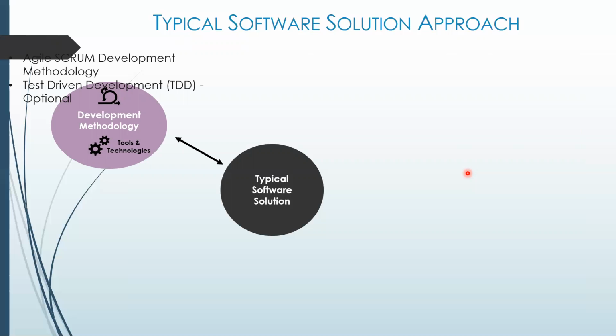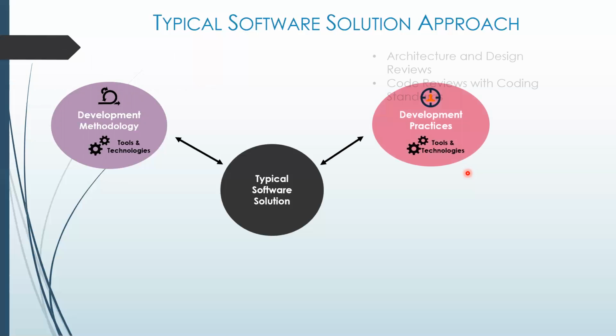It is not always needed to follow a single development methodology; we can follow multiple development methodologies in different software projects. So then of course the development practices, right? This is mainly important for the software developers. So what are the architecture and design reviews? When the software is being designed and developed, what are the review mechanisms?